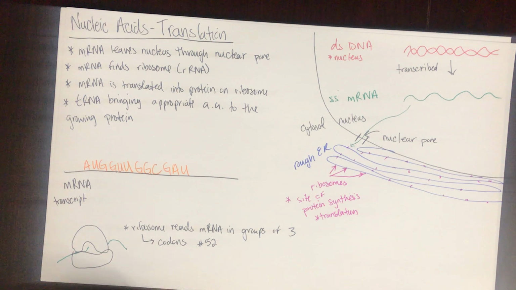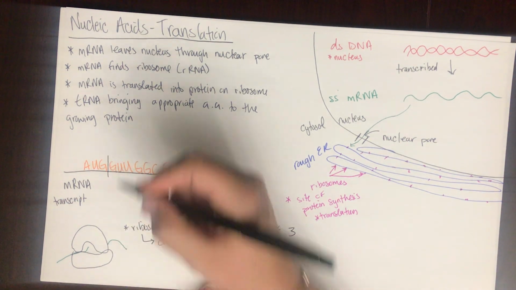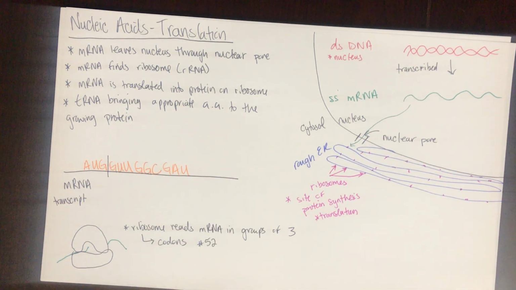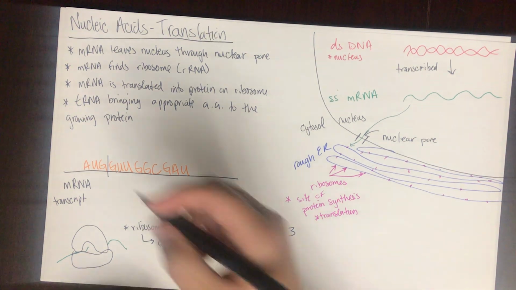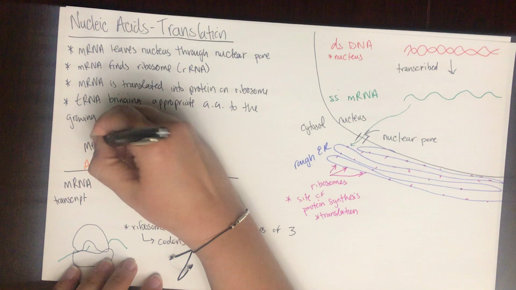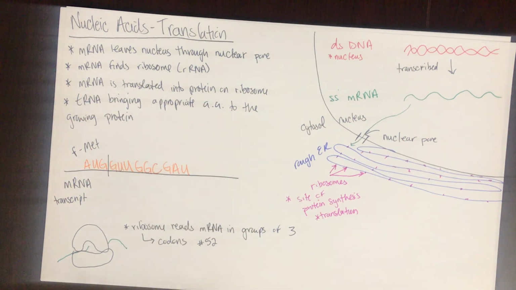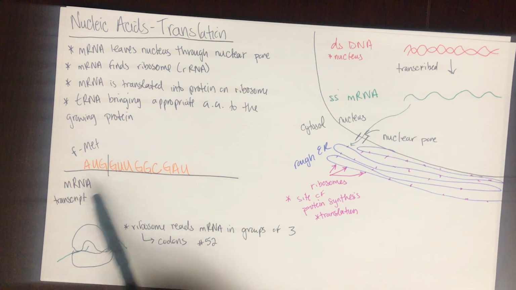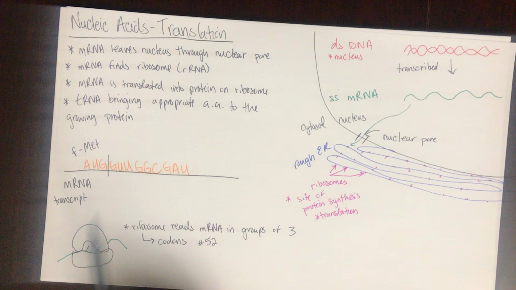So let's start at the beginning. Here's AUG. This is the first amino acid of every single protein. It is methionine, but it's a special kind of methionine called formylated methionine, or F-met. Every single protein starts with F-met, and then it will get used later.